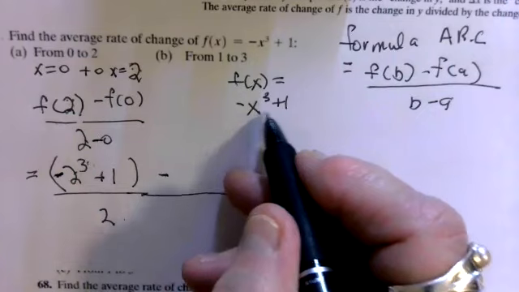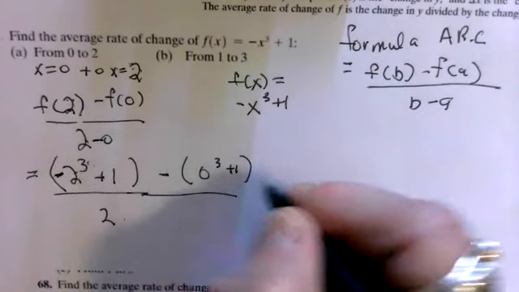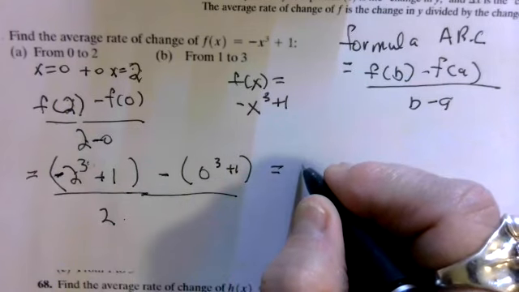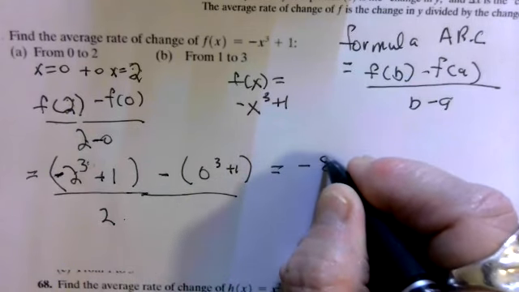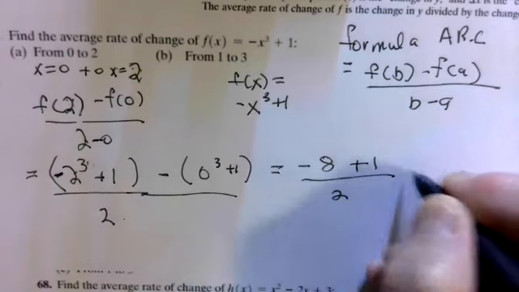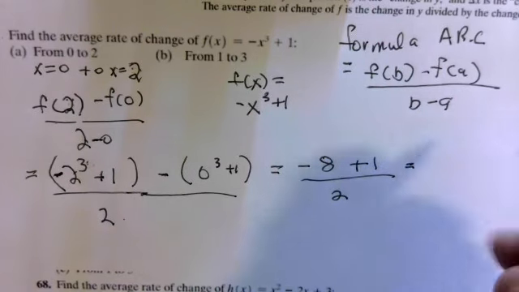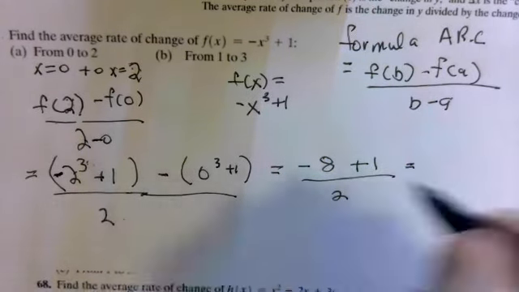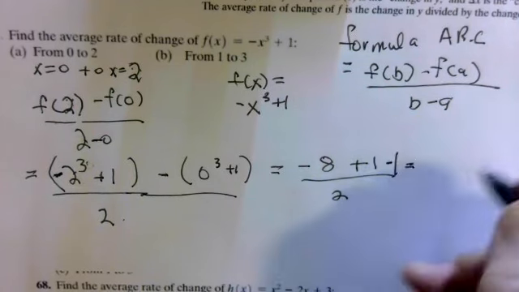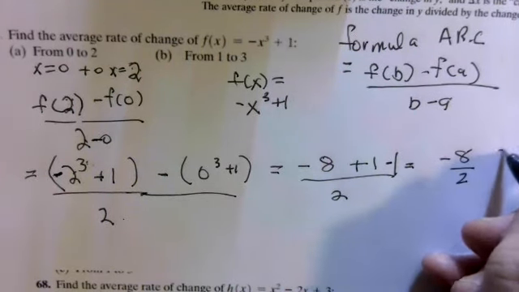F of 0 is just going to be 0 cubed plus 1. So what we have there is a minus 8, and then I've got a plus 1 there and a minus 1. And so that's just going to give me minus 8 over 2, which is equal to minus 4.